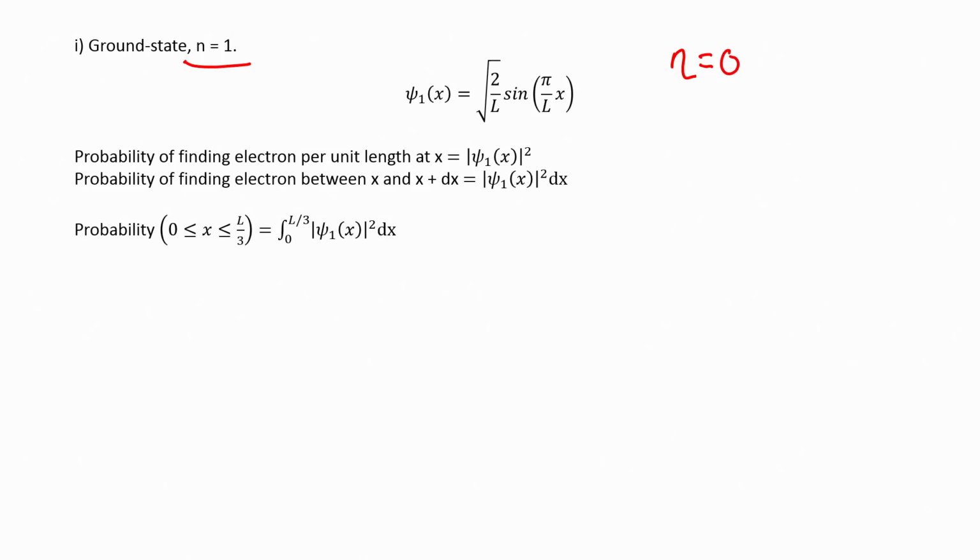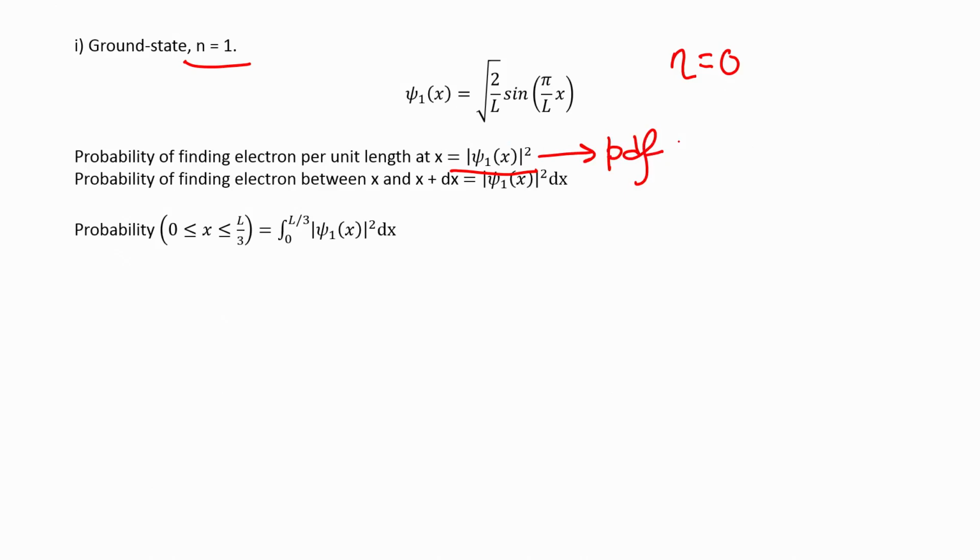Now the probability of finding the electron per unit length at x is given by modulus of psi 1 x whole square, and this is nothing but your PDF, probability density function.